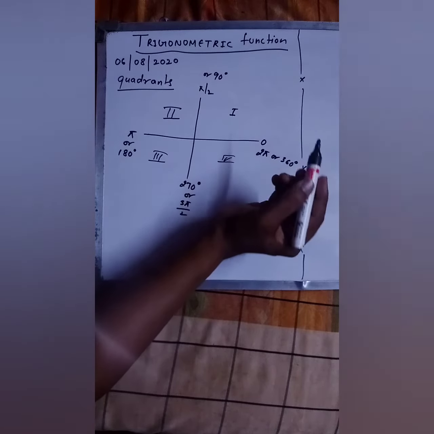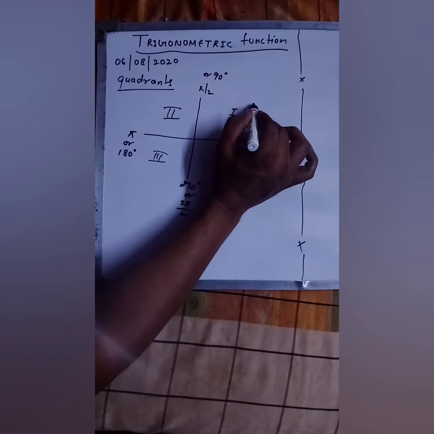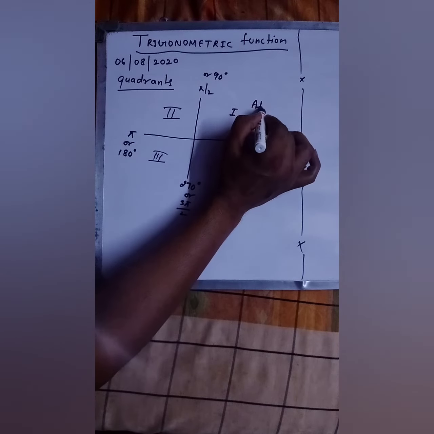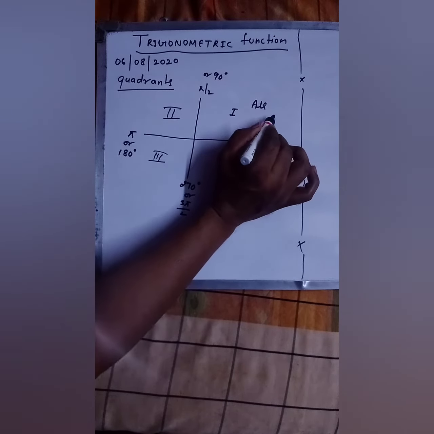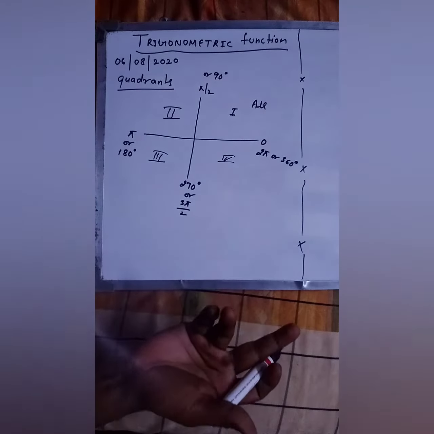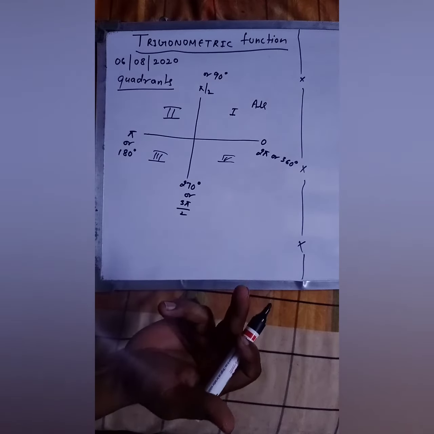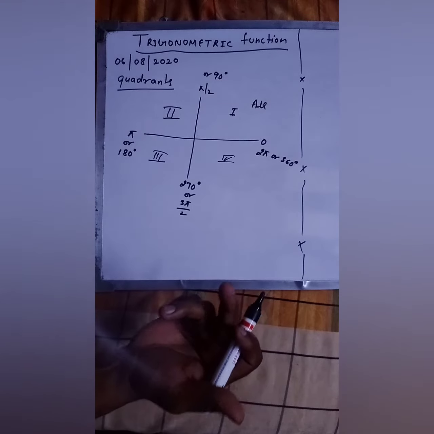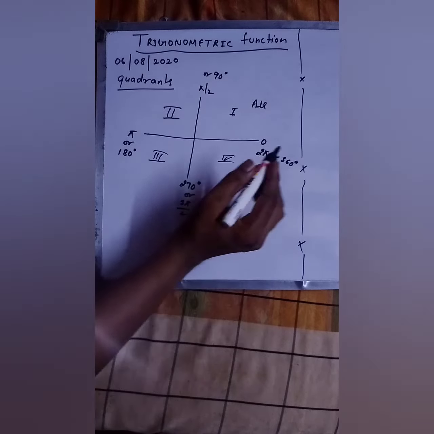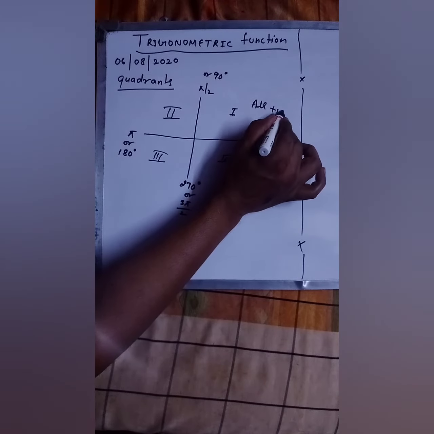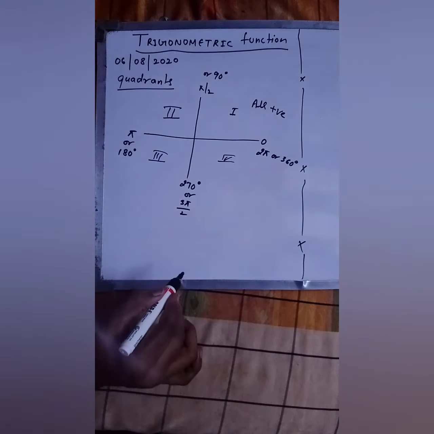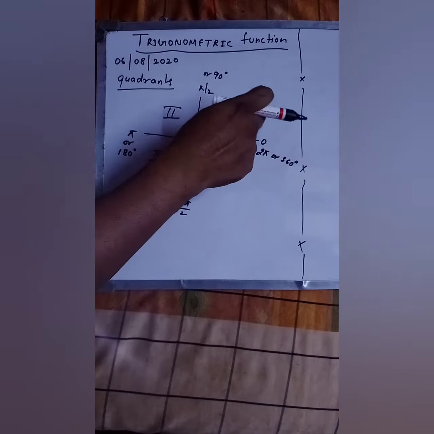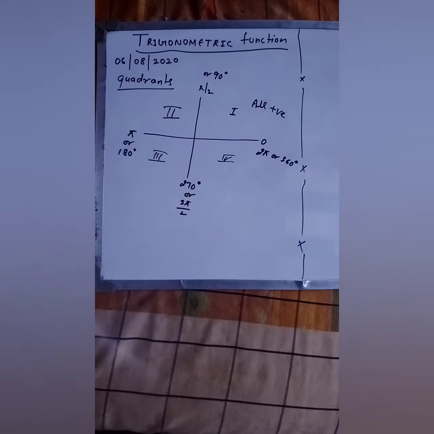In the first quadrant, all trigonometric functions, that means there are 6 trigonometric functions: sine theta, cos theta, tan theta, cosec theta, sec theta, and cot theta, are all positive. Okay, the value of all functions will be positive in first quadrant.